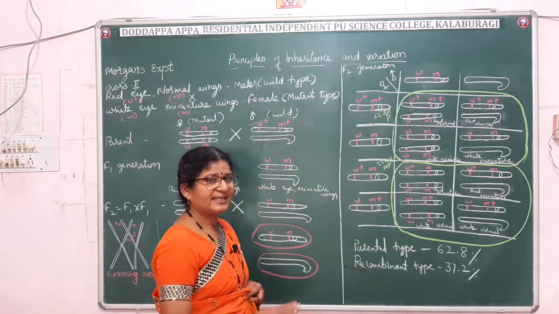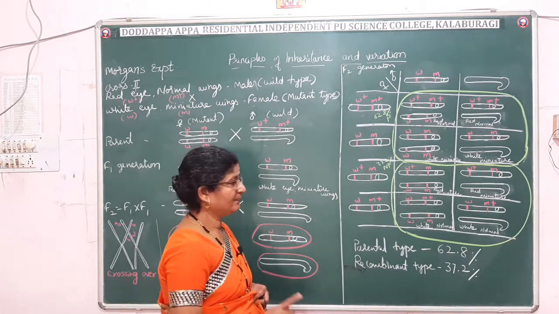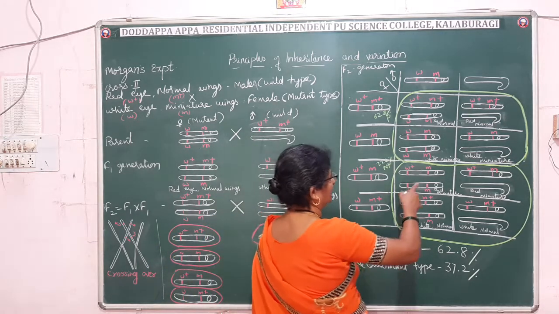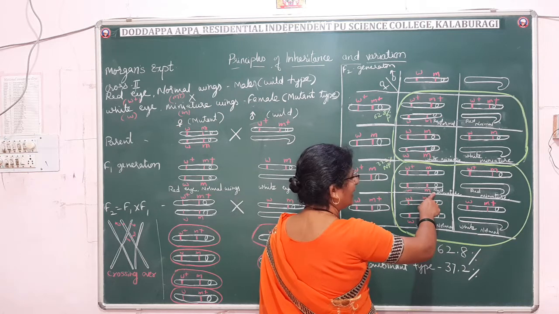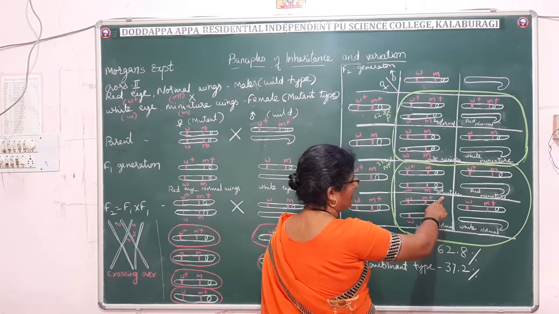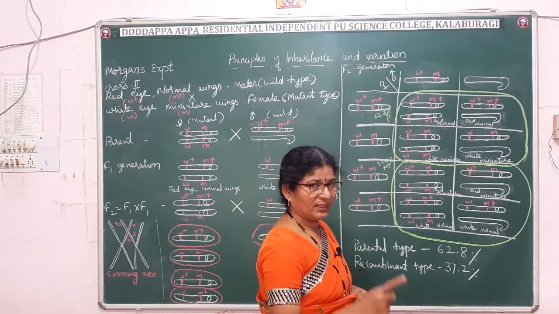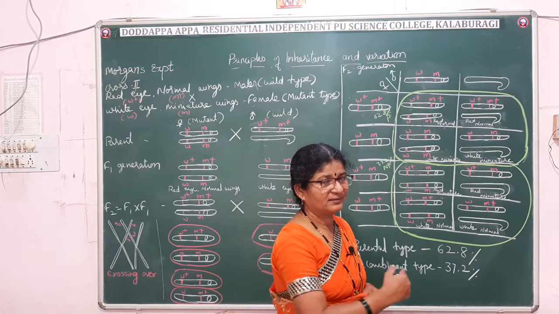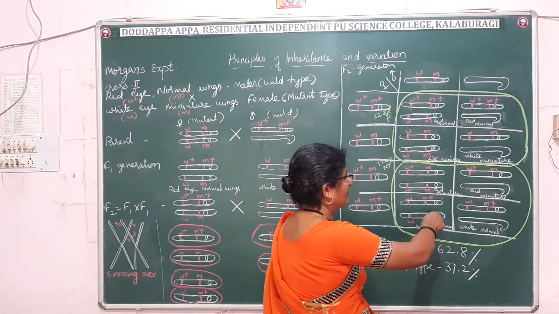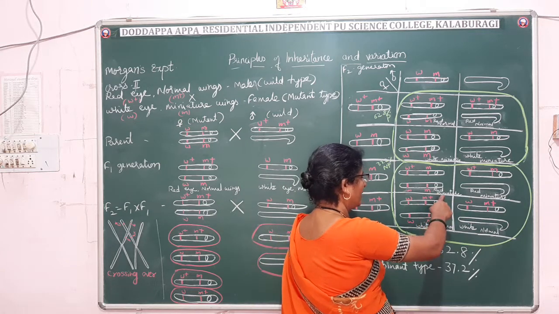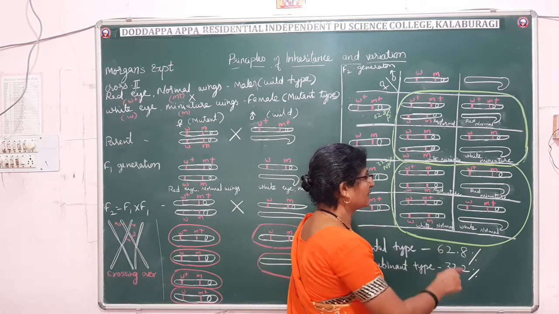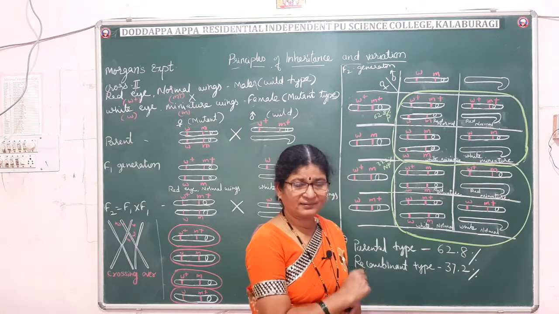Fine. The next character, that is red eye with miniature wings, one wild, one mutant character these progenies have. Red eye with miniature wings, white eye with normal wings, which are not there in the parent.